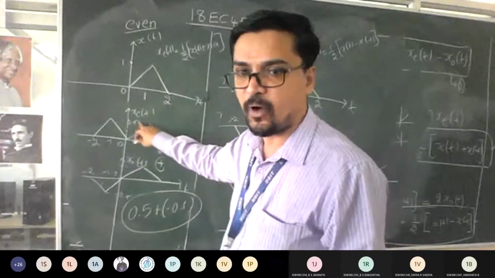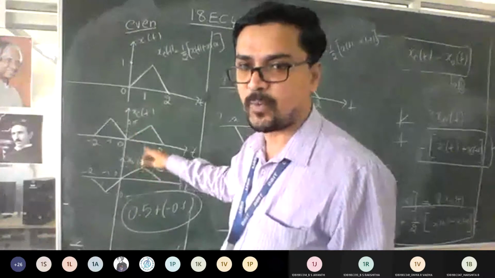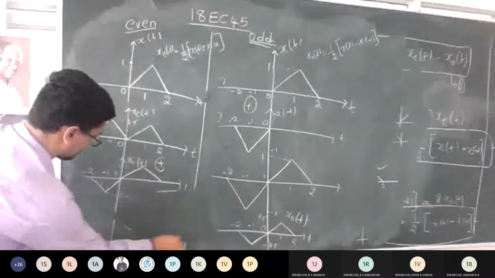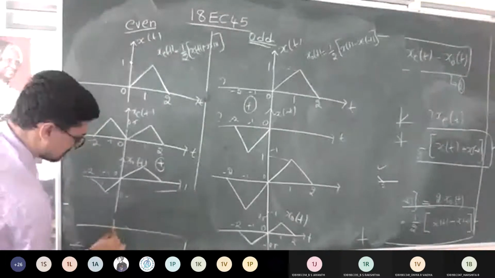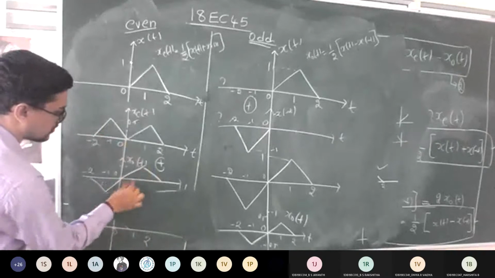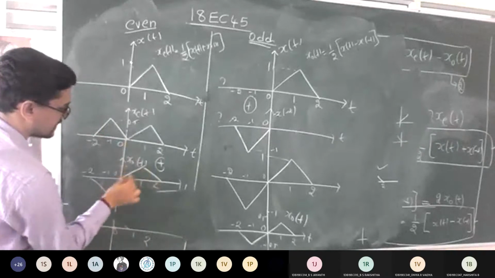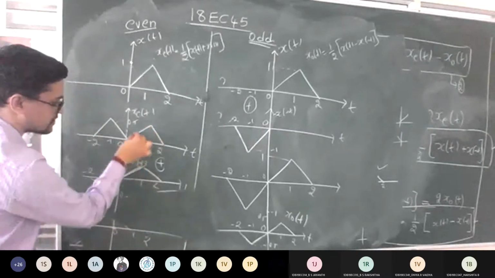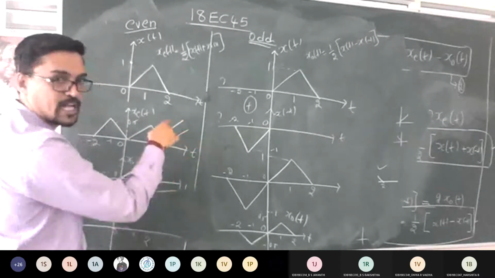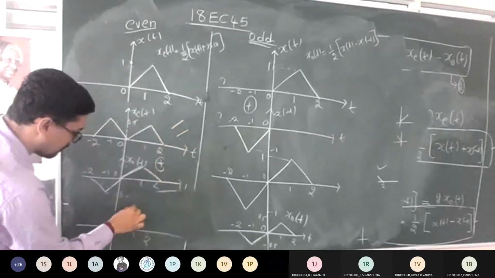What is the amplitude? 0.5. Here also 0.5. So 0.5 and 0.5, how much does it become? 0, 1, 2. I am talking about 0 to 1. The signal is rising. This plus this, both are having 0.5. Will it go till 1?